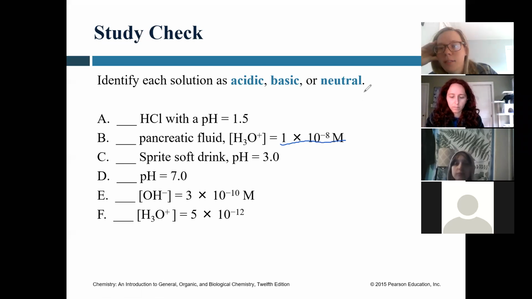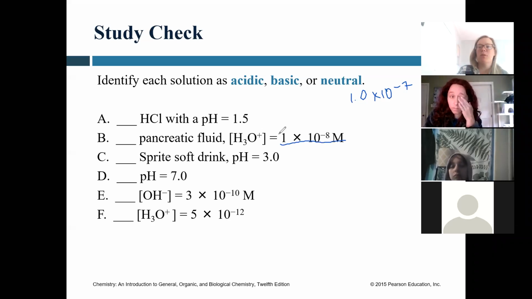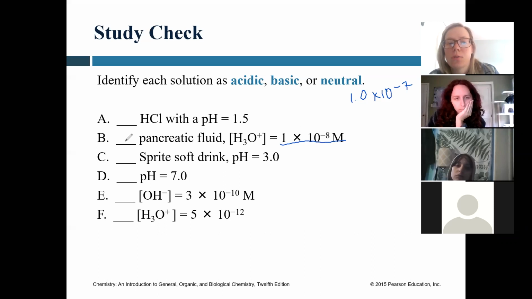Now remember, the cutoff point is 1.0 times 10 to the negative 7. When you have one of them equaling that, you can assume a neutral solution. This concentration is less than the middle or cutoff point. If it's less than, it means we have less of the H3O+ than we do of the OH minus. The OH minus is winning out here. So this would be basic.